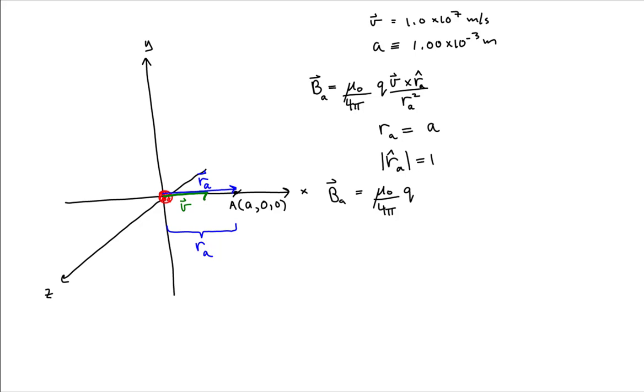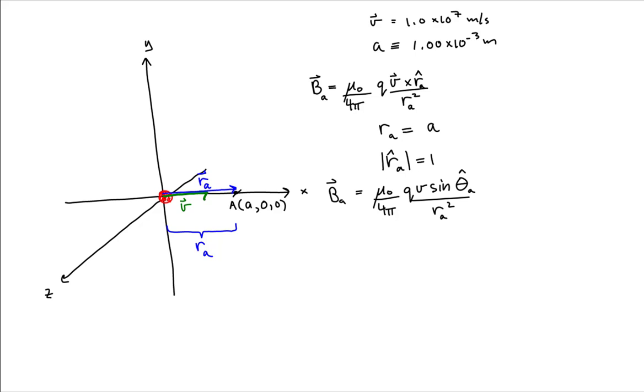And that's just given as q v sine of the angle, which I'll call this reference angle theta A, over r squared. Well, we have to determine what theta A is, because we know the magnitude of the velocity, we know the magnitude of the position, or rather the distance between point A and the source charge. So we need to determine the angle theta A.